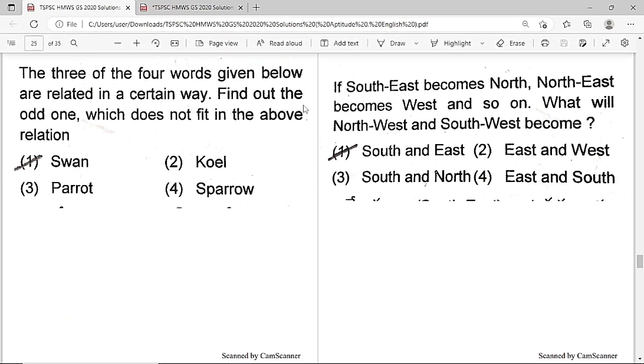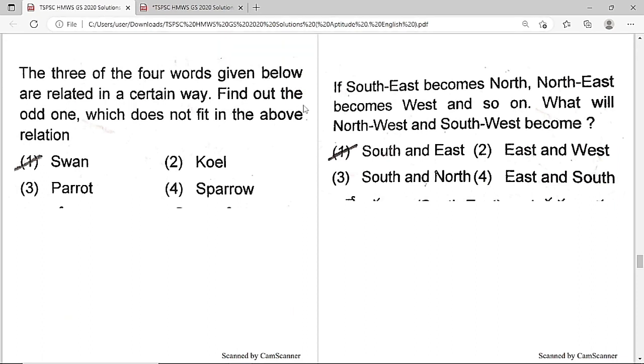So now we are going to solve another question. See the question here. If southeast becomes north, northeast becomes west, and so on, what will northwest and southwest become? So listen carefully.